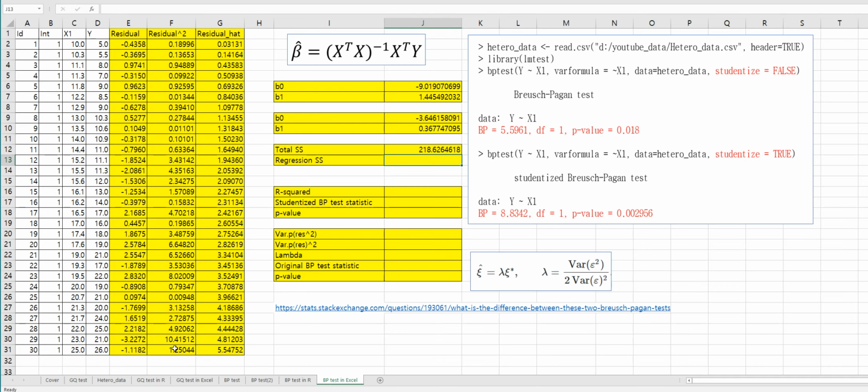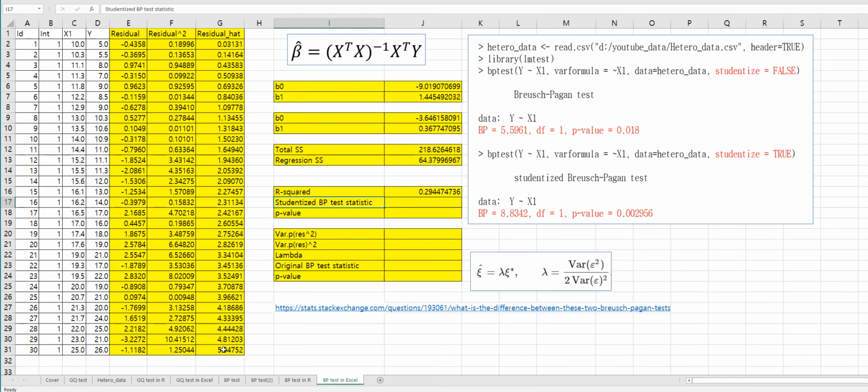Okay, and regression sum of square can be calculated by using DEVSQ function with column G, residual hat. Okay. Then R square, regression sum of square over total sum of square.